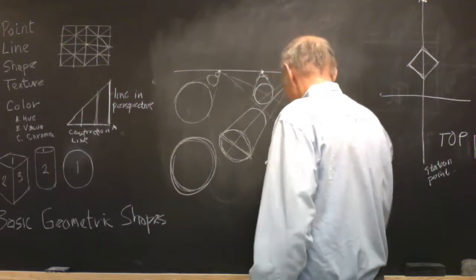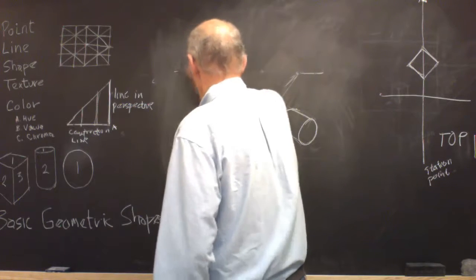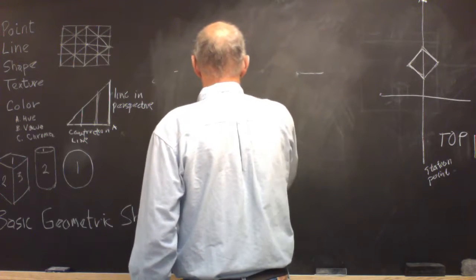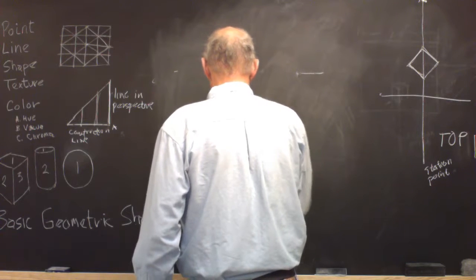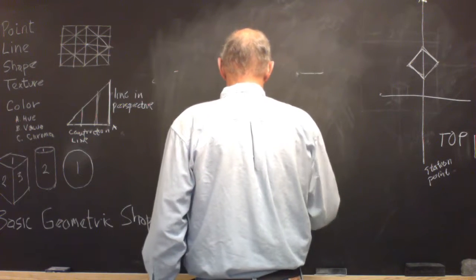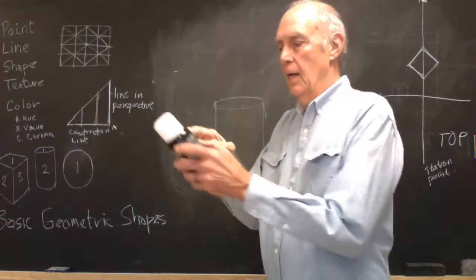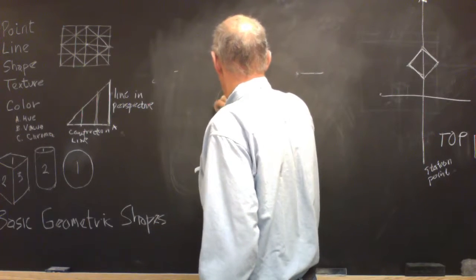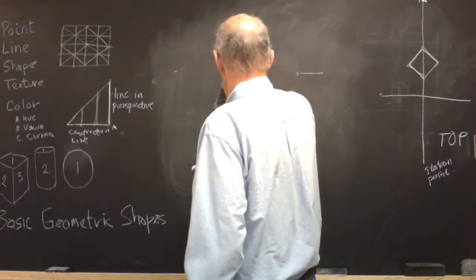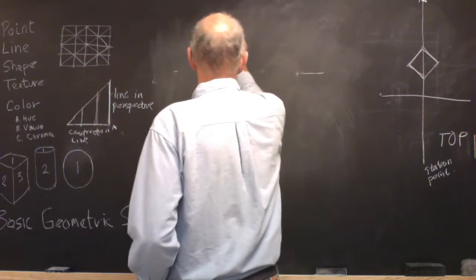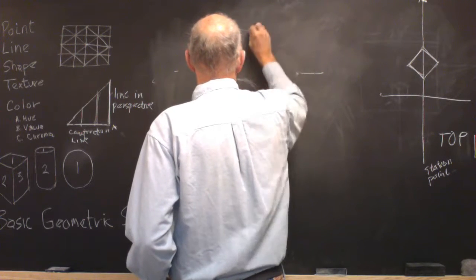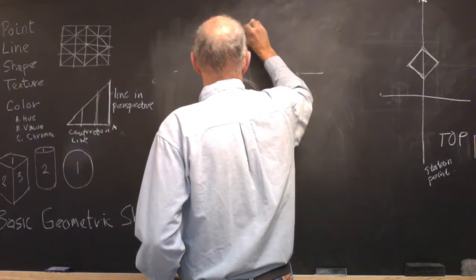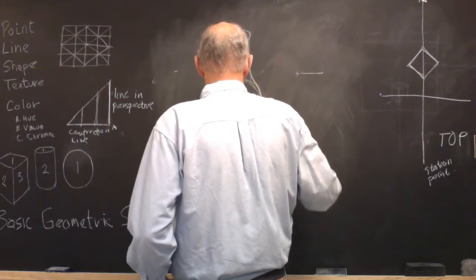But what's cool is I can draw a cylinder and well, this isn't quite a circle, but if I draw a circle right here, and I draw another cylinder up here, I've drawn a bottle.